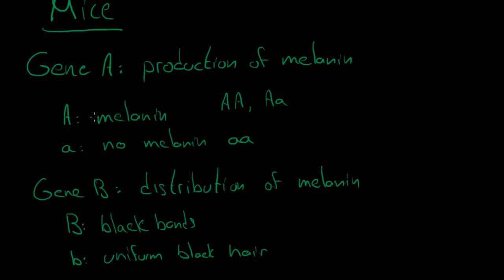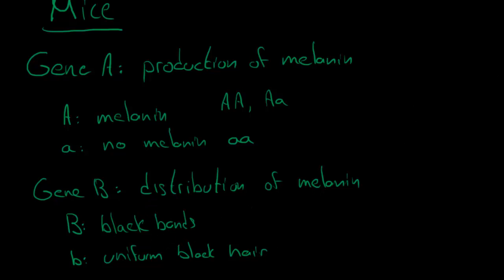So gene A will affect the expression of gene B. So if a mouse has this genotype, then you will not see the effect of gene B on the phenotype because there is no melanin to distribute. But if a mouse is homozygous dominant or heterozygous, then distribution of melanin will be seen in the phenotype and it will either have black bands or uniform black hair.